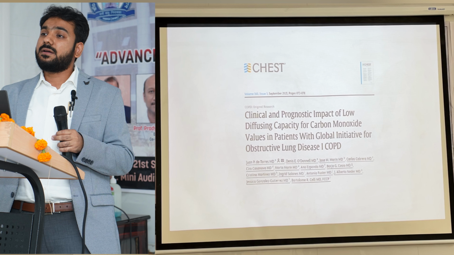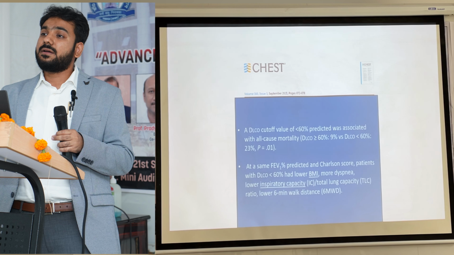Another quick one, published in Chest 2021, on the clinical and prognostic impact of low DLCO in patients with GOLD 1 COPD. What they concluded was that a DLCO cutoff value of less than 60% predicted was associated with increased all-cause mortality, and these patients, when compared with a similar FEV1, were more symptomatic.